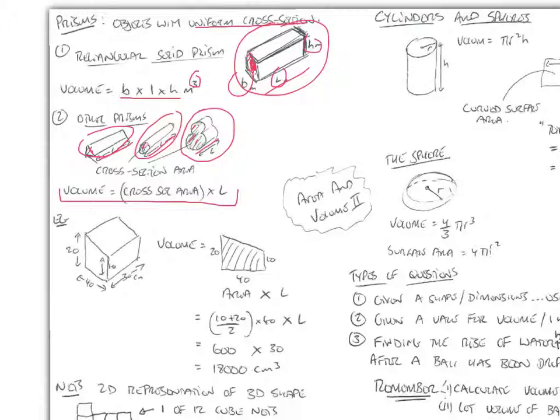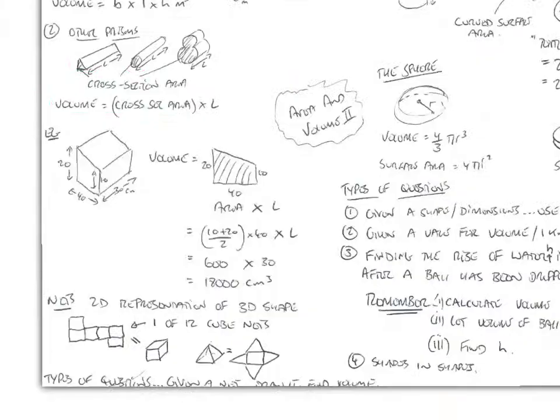Okay, and the problems that you'll meet with this include something along the lines of this problem here, where we have a shape that has a cross-sectional area that's the shape of a trapezium, where we have 10 centimeters, 20 centimeters, and 40 centimeters, and the whole length of that trapezium-shaped prism is 30 centimeters long.